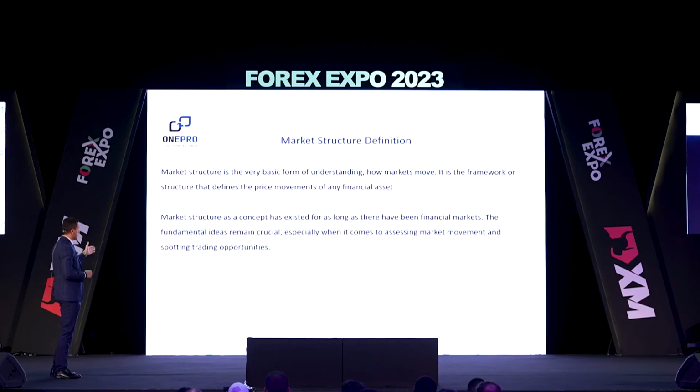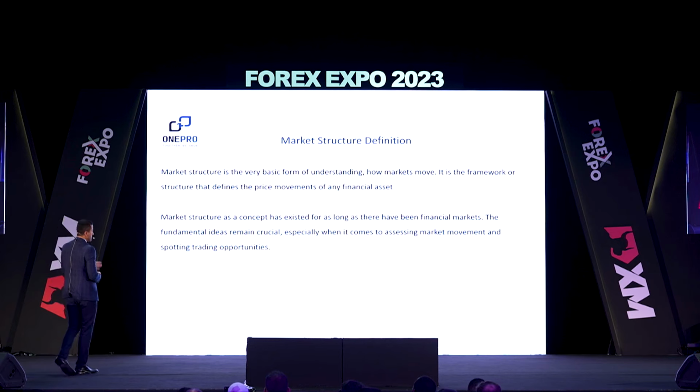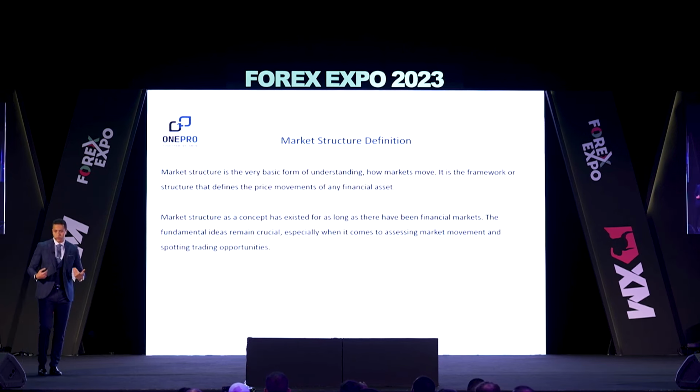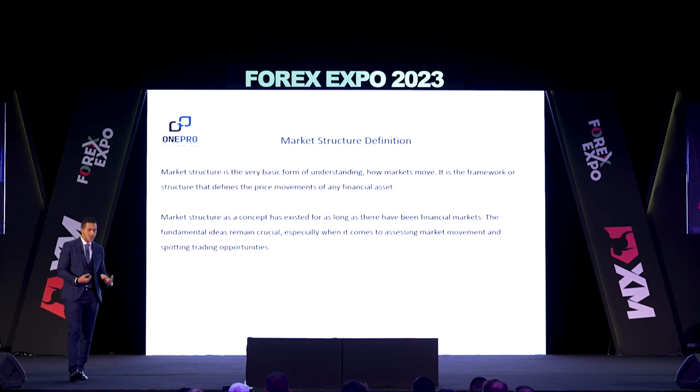So it's the basic form of understanding how markets move. It's the framework or structure that defines the price movements of any asset. Let me tell you, what I'm going to explain to you today about the market structure is nothing new. It's not something that we have discovered lately. However, it has been there for a long time. And to be honest with you, it has been there since the beginning of technical analysis, specifically by Charles Dow.